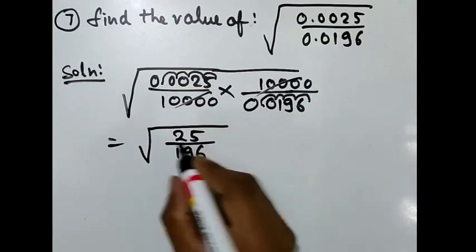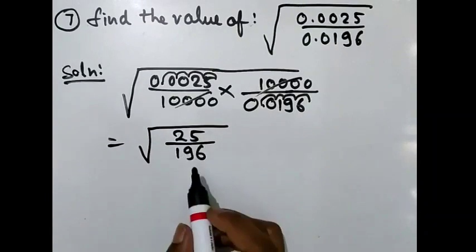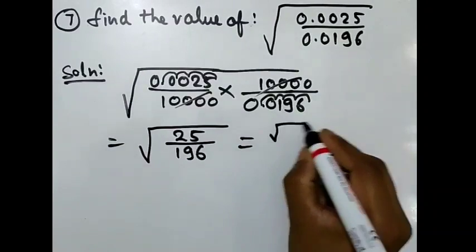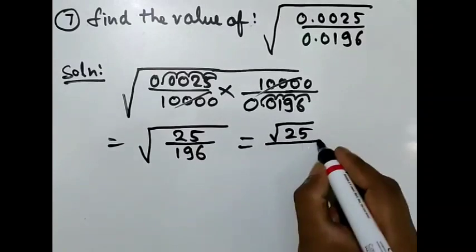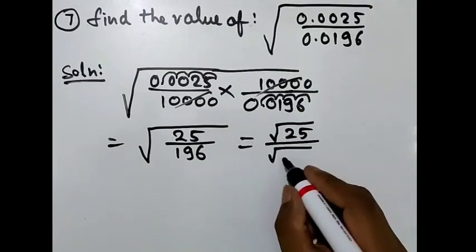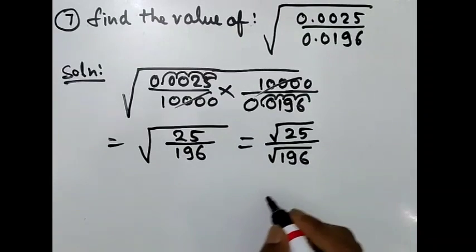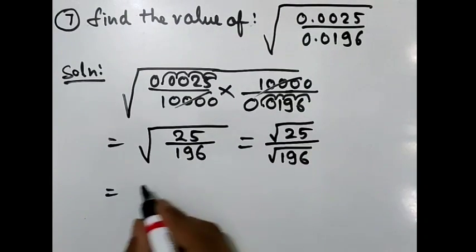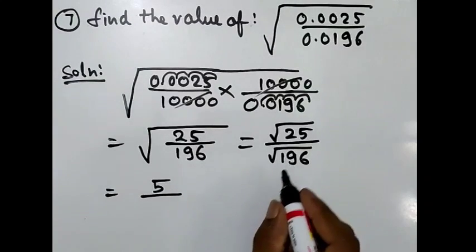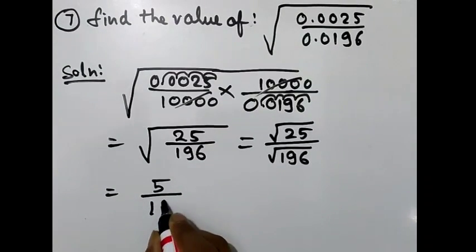Now you know that we can distribute the square root. We can find the square root of the numerator separately and the square root of the denominator separately. So that will be equal to 5 by square root of 196, that is 14.